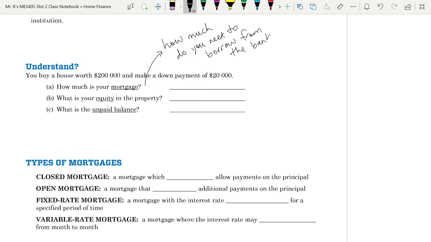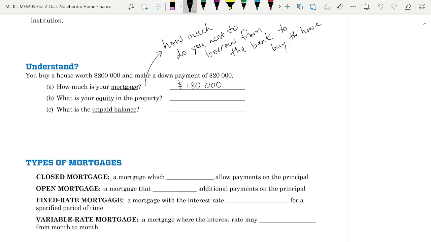I know, again, it's not just banks that sell you mortgages nowadays. So how much do you need to borrow from the bank to buy the house? Well, how much is your mortgage? If it's a $200,000 house, you make a down payment of $20,000, you just subtract those, and it'd be $180,000, right? 200,000 minus 20,000.